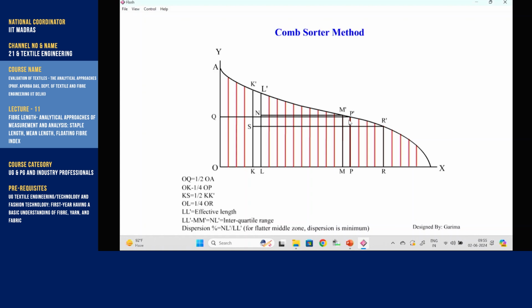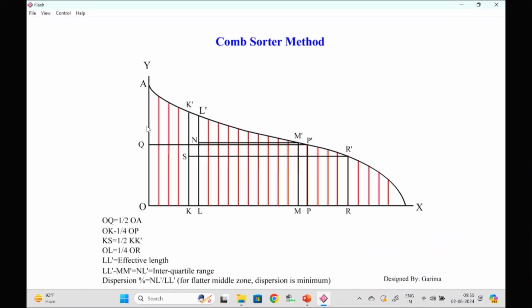The first approximation is K dash, the upper quartile length, and then there is a second approximation of the upper quartile length. The first approximation is done by this process: you take the midpoint of OA, the horizontal line touches at point P dash, and P dash gives a vertical line on the x axis.